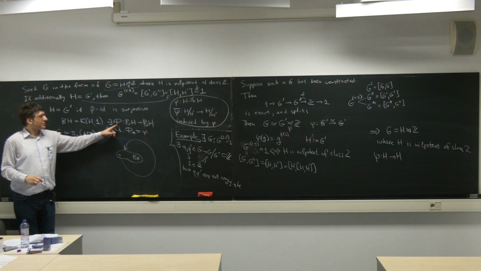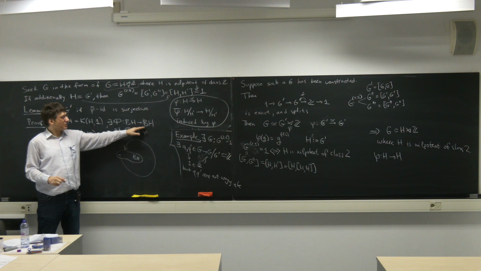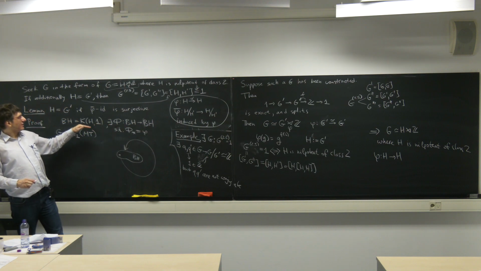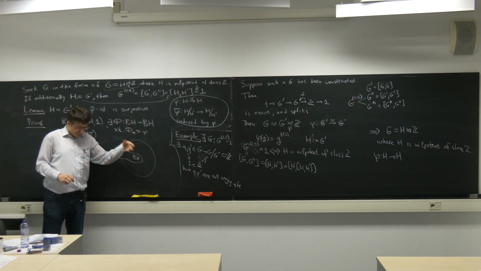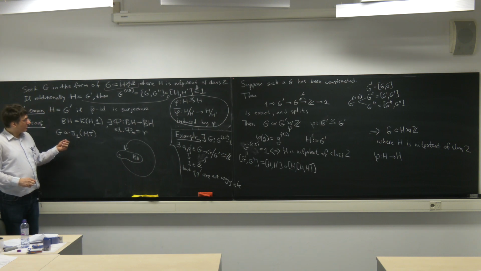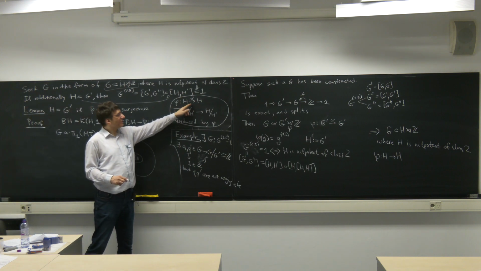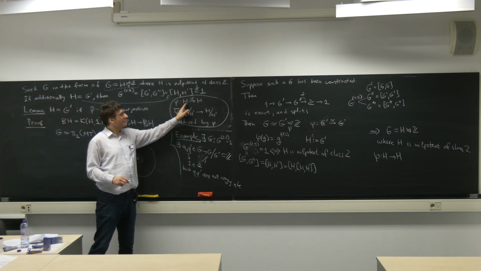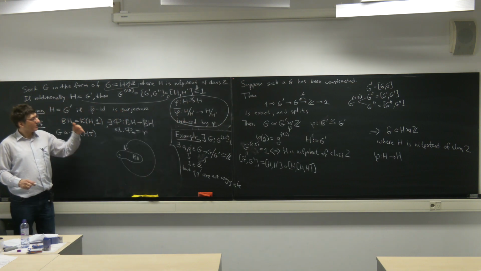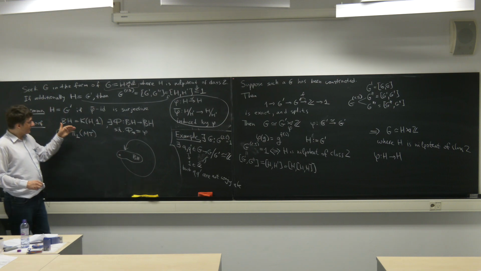And the construction of such a phi capital is standard. You can construct it on the one-dimensional skeleton by considering the images of the generators under phi small. Then you extend it to the two-dimensional skeleton by using the fact that phi is an automorphism of H, so the relations hold both in the domain and in the range, and then you extend it to the 3-skeleton and so on by using the sphericity.